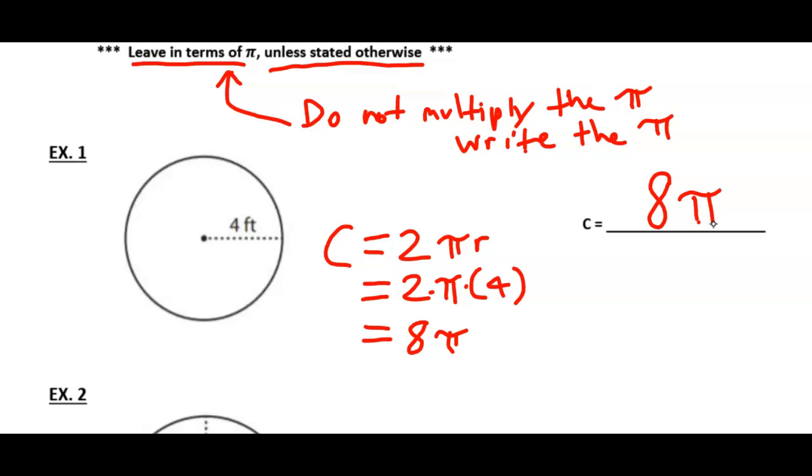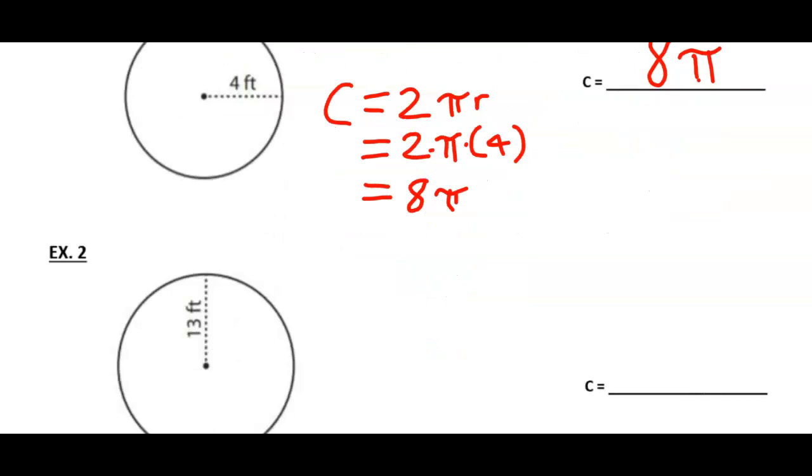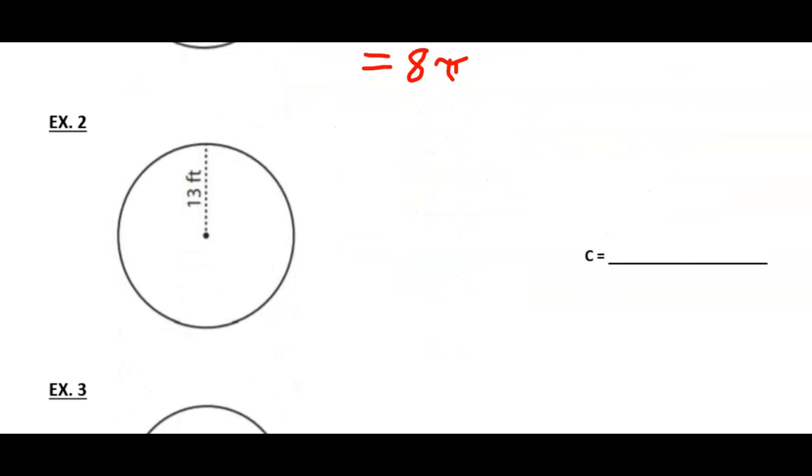Notice how that answer looks nice and clean. There's no decimals. Everything's nice. So, all right, my radius is 13. Again, my formula for circumference is 2 pi r. So it's going to be 2 times pi times the radius, which is 13.